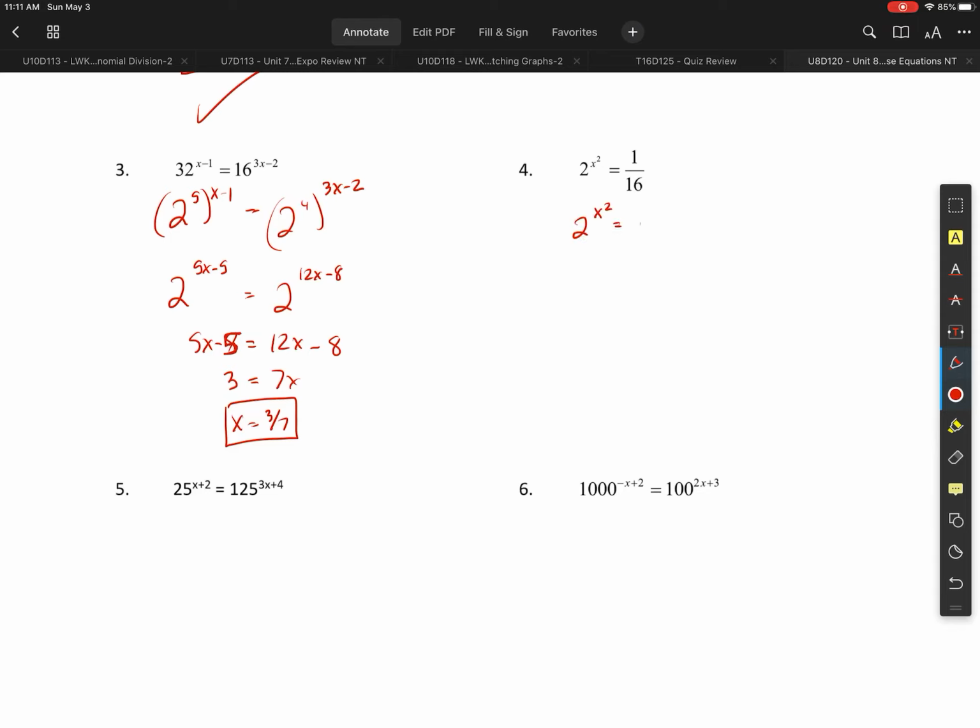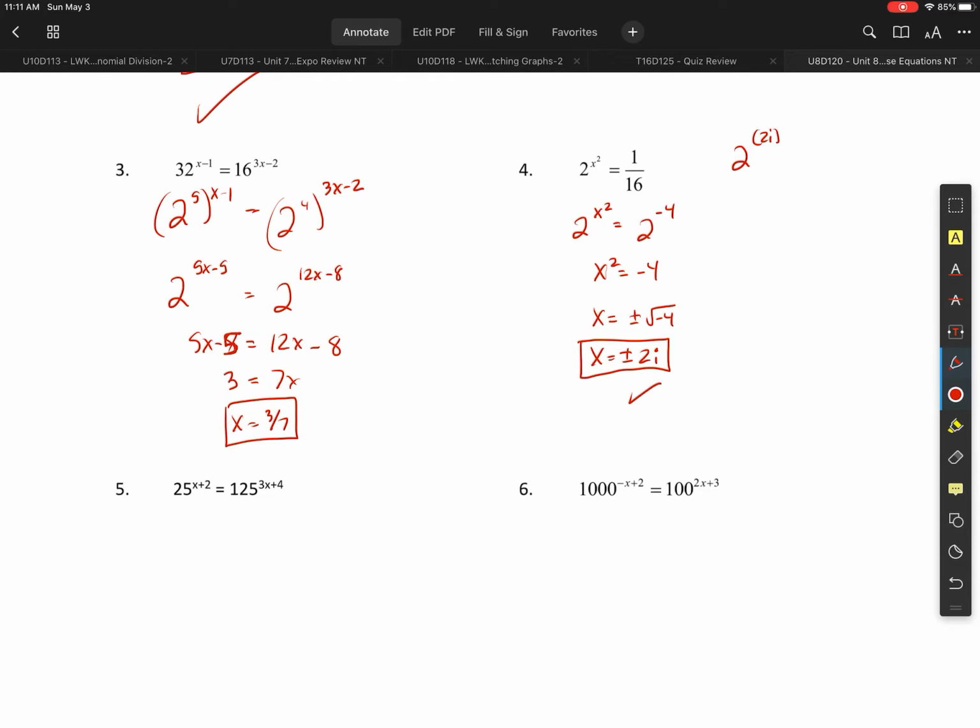Problem 4. 2 to the x squared equals 2 to the negative 4. X squared equals negative 4. X equals plus or minus the square root of negative 4. X equals plus or minus 2i. Weird answer. Right? But you know what? If we take the time to check, this does work.